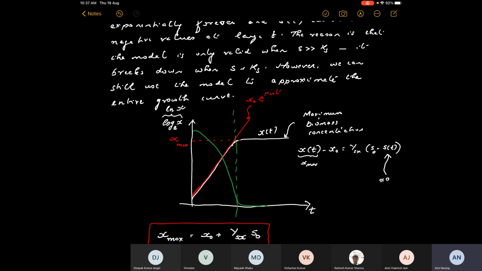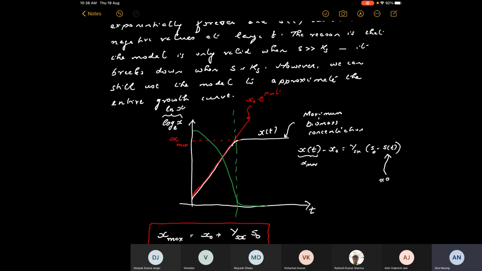When the substrate gets exhausted, mu will start to decrease. So you can see that around the place where the white curve bends into a flat portion, that bending is causing the specific growth rate to come down. It must be going to zero. That's why x is flattening out.